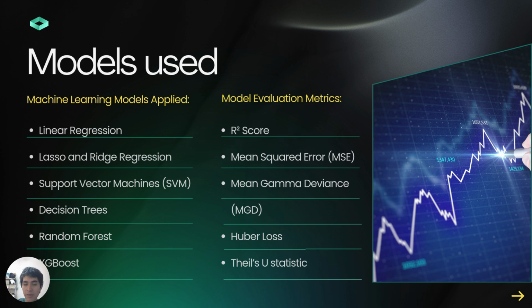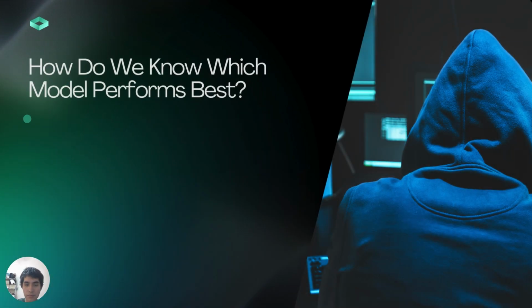These metrics capture different strengths and weaknesses. For example, a model with a good R square might still have high MSE if it performs poorly on certain days. That's why multiple metrics are essential for a balanced evaluation.